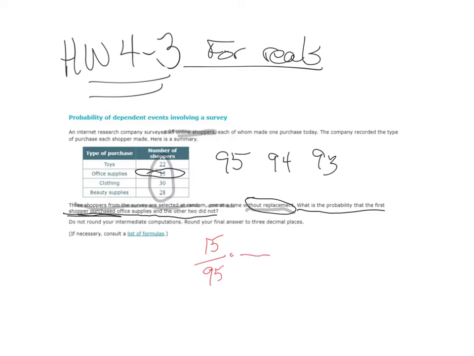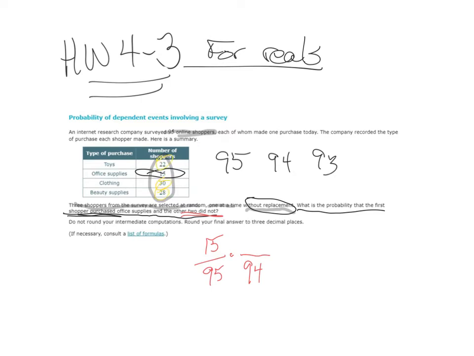Now there's only 94 people left to pick from for this next one. And the question is, what is the probability that this next person did not get office supplies? So that means they're picking something here, here, or here.